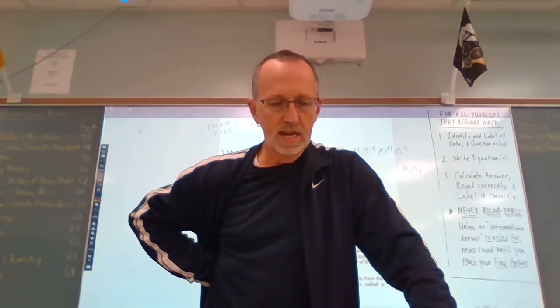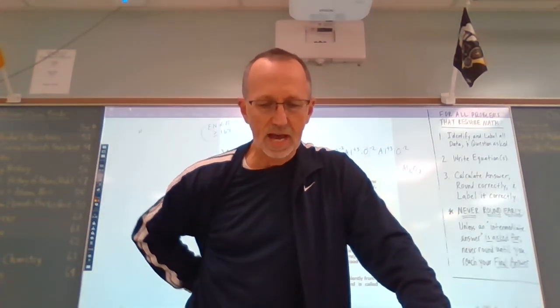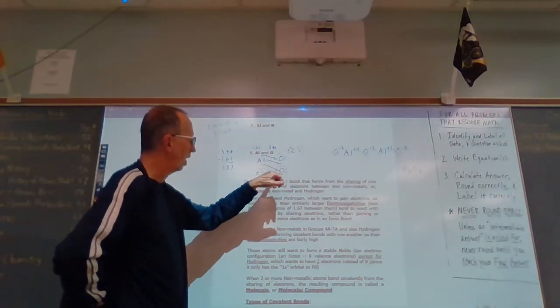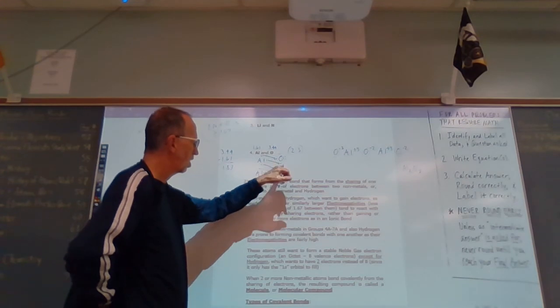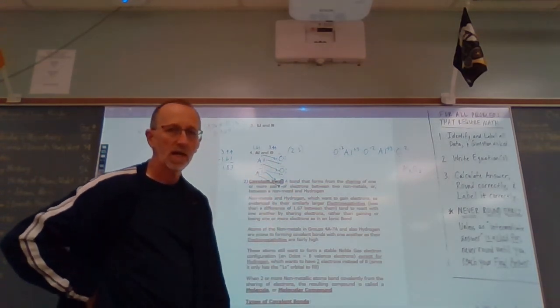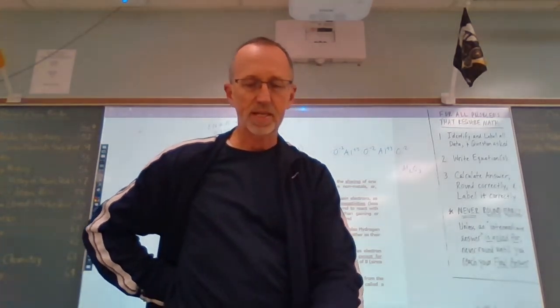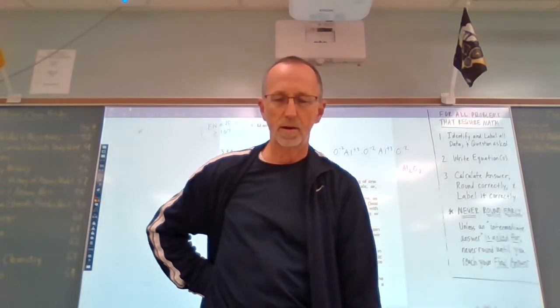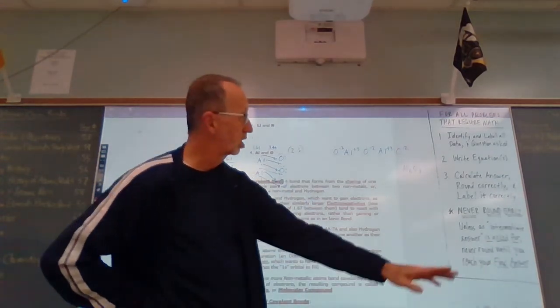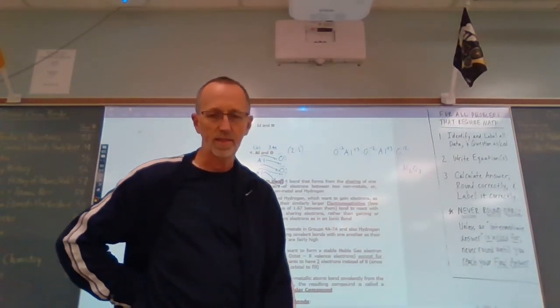Then draw the Lewis dot structure for each atom and then diagram how the bonds are formed. So we have done that right here. We've done the Lewis dot structures and drawn the arrows to show the bonding all in the same place. So that would be done under the drawing and diagramming part. And then over on the far right, the last column, the Lewis structure is what we have right there.